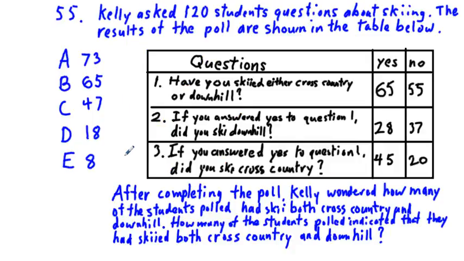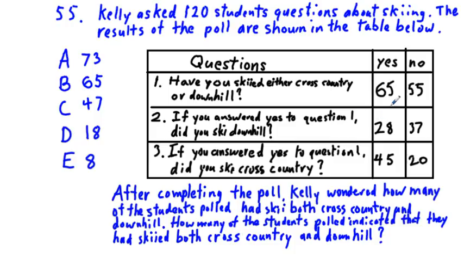Next, 55. Kelly asked 120 students a question about skiing. The results of the poll are shown in the table below. And here you have 65 answered yes. After completing the poll, Kelly wondered how many of the students polled had skied both cross-country and downhill.